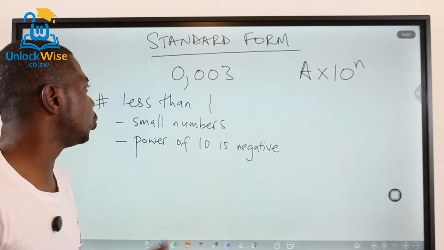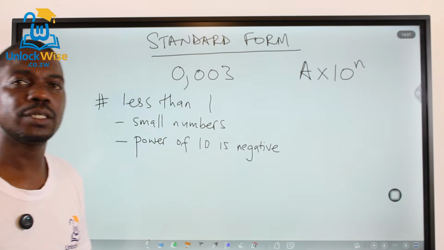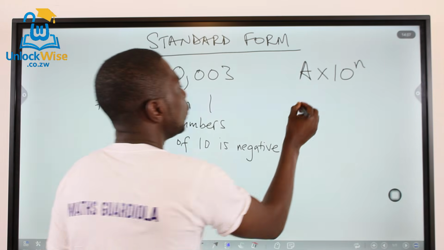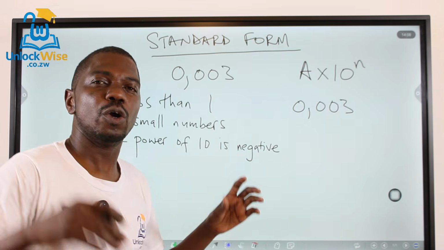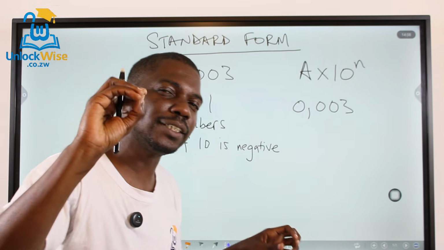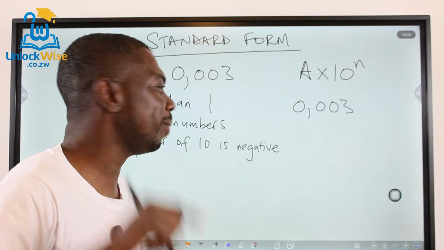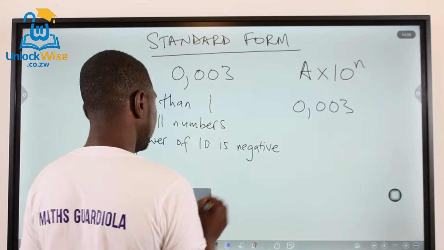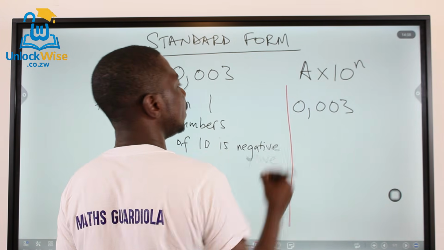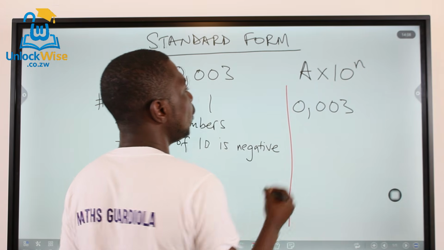So what I want you to know is when you have a number like this, you count from left. When you see a non-zero number, just after that, that's where your comma should be. So let's say we have 0,03 and we want to put this number in standard form.